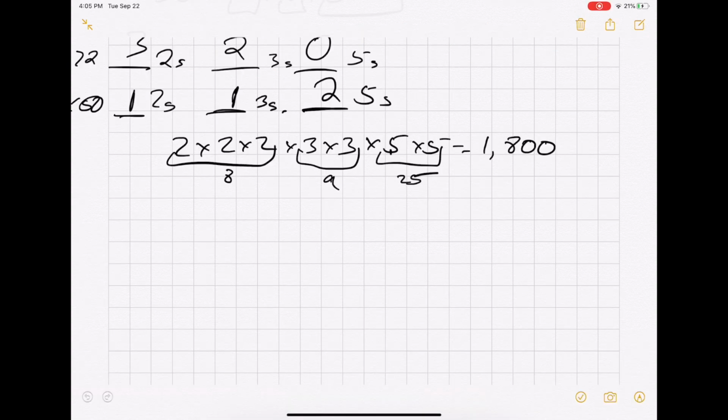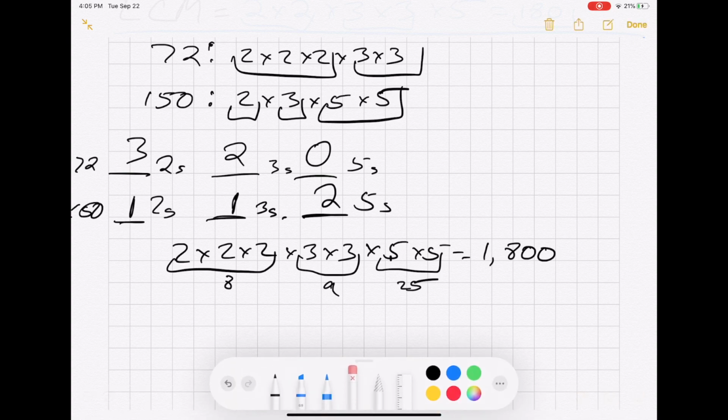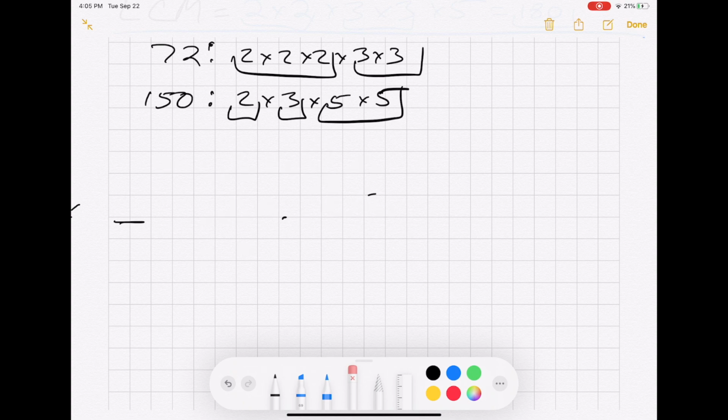Okay, so now I'm going to get you to find the prime factorization of 3 numbers. So we have 72 here. I'm just going to delete this for just a second, and I'm going to add another number in here. Okay, so we are going to now find the prime factorization of 3 numbers.